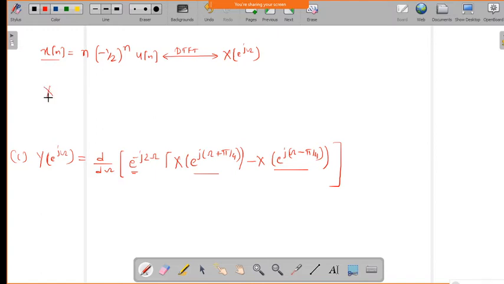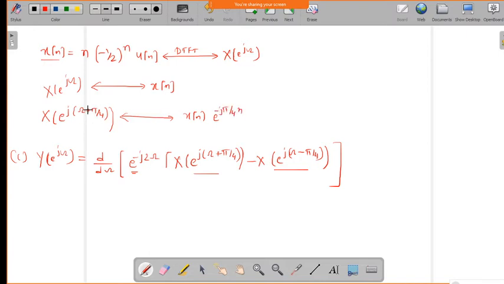So now what is the IDTFT of this? X of e power j omega, we know that we will get x of n, right? Similarly, if you have the frequency shift, which is omega plus pi by 4, the corresponding time signal will be x of n multiplied by e power minus j pi by 4 n.